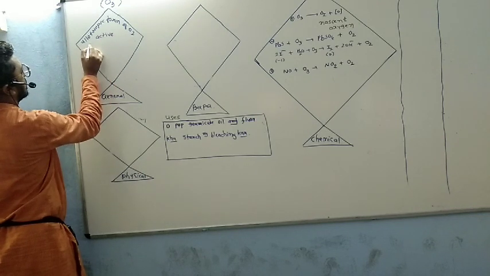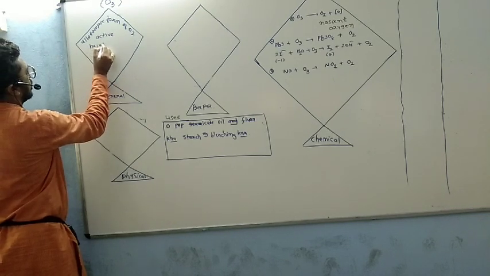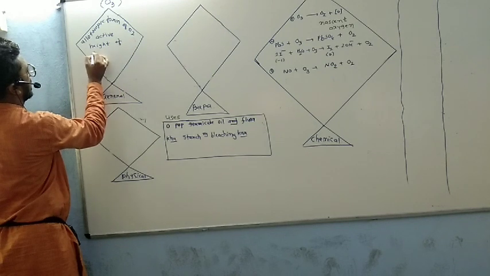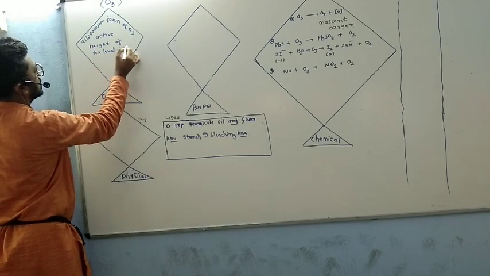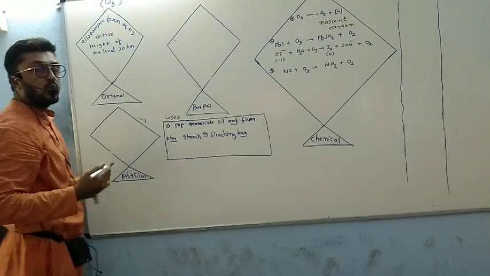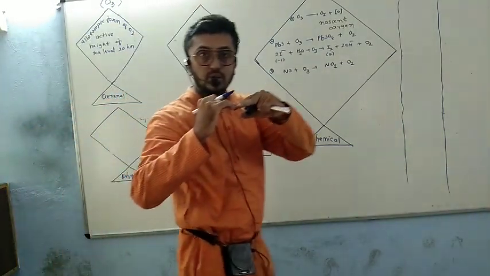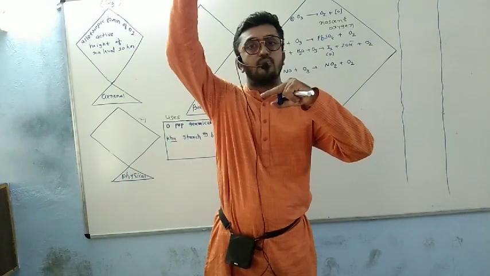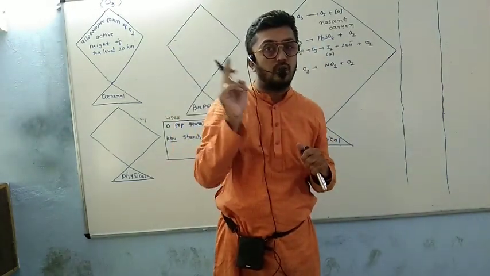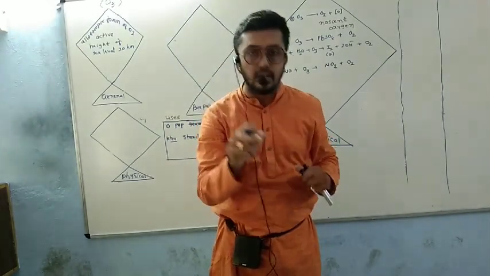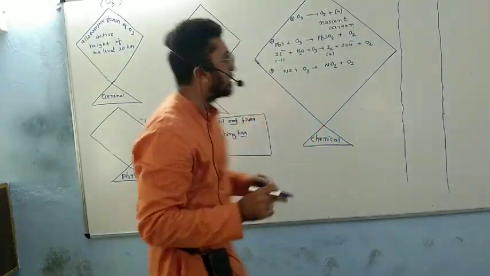It is prepared at a height of 20 kilometers from sea level. When we go 20 kilometers above sea level, in the presence of sunlight, decomposition of oxygen occurs and ozone is prepared.